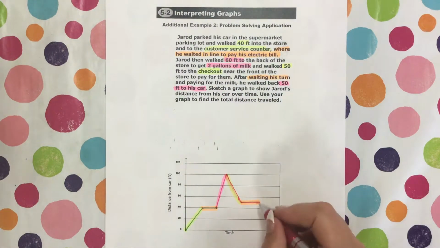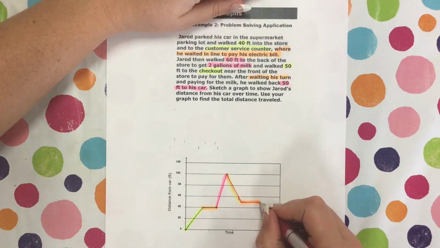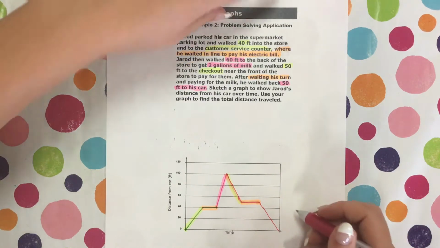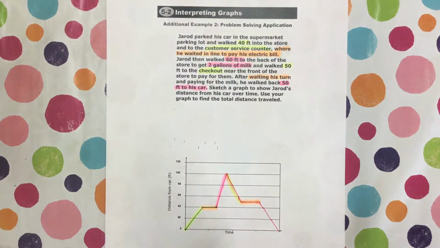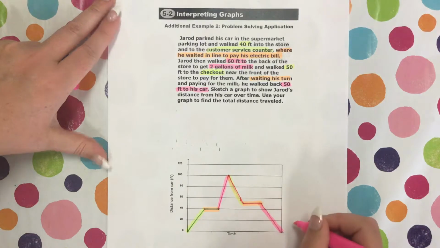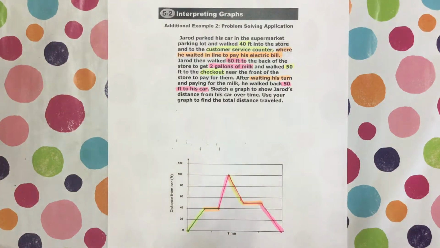So from here to here is 10 feet, and then another 20 would be 30, and another 20 would be 40. And there we have the last bit right there. He walked back to his car. So this is an example of a graph that could represent this situation.